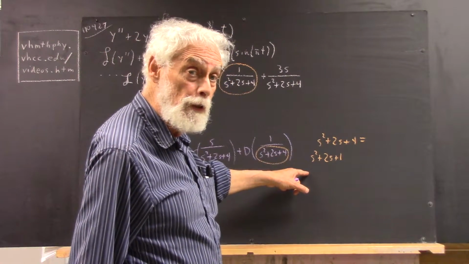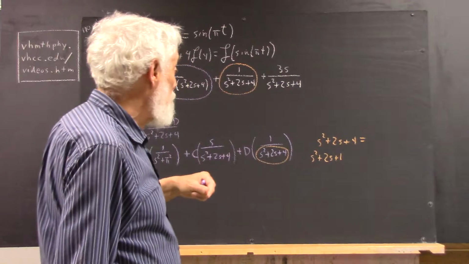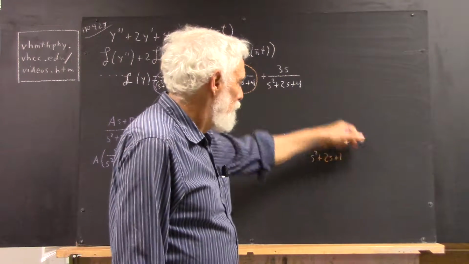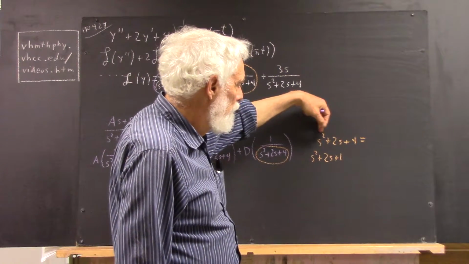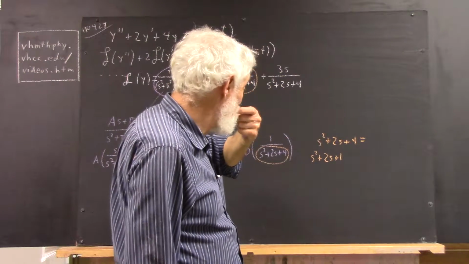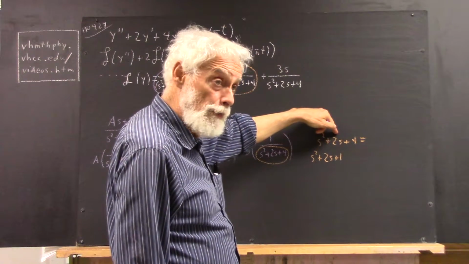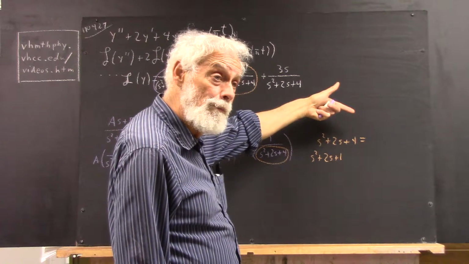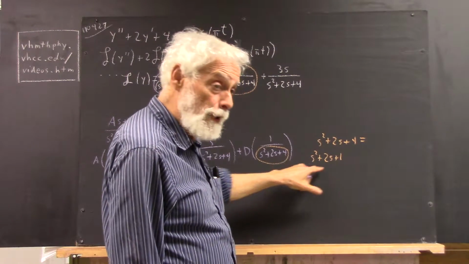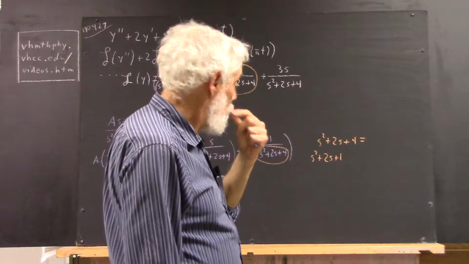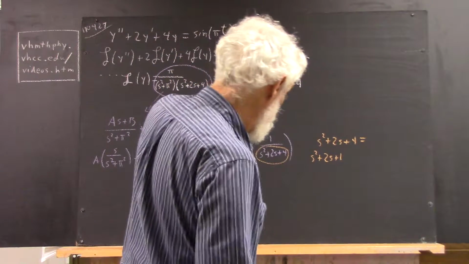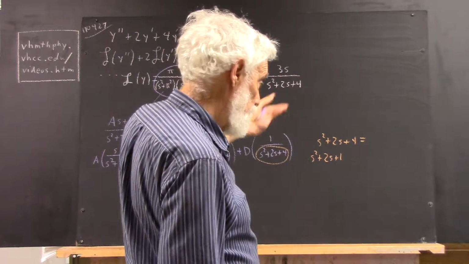It's s plus 1 quantity squared. So if I have an s squared and some multiple of s, all I have to do is take half of the coefficient of the s and square it and add it, and now I've got a perfect square.